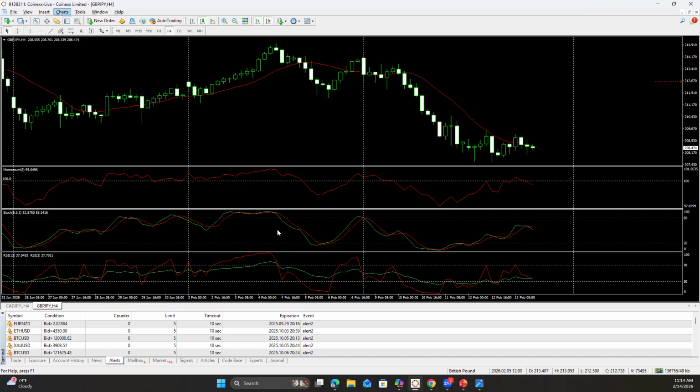Let's talk about the stochastic indicator. The stochastic indicator is a technical indicator that shows how closing price compares to its price range over a set period of time. And they believe that this is most effective in slow moving trends.